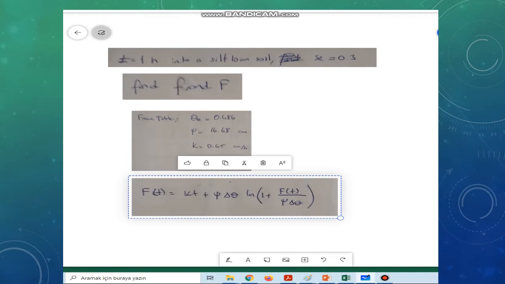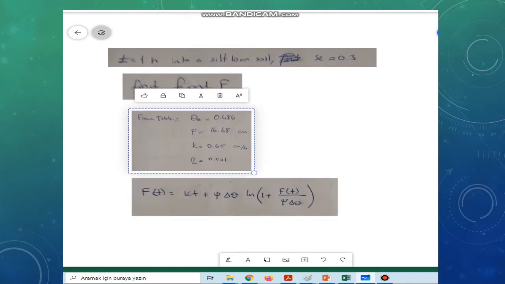That is our Green-Ampt equation, right? So we need to apply all these terms we know from here, K, phi, and time is 1 hour. Then we just need to plug in, and because it is nonlinear, we need to use iteration. Then we will find what is F(t).